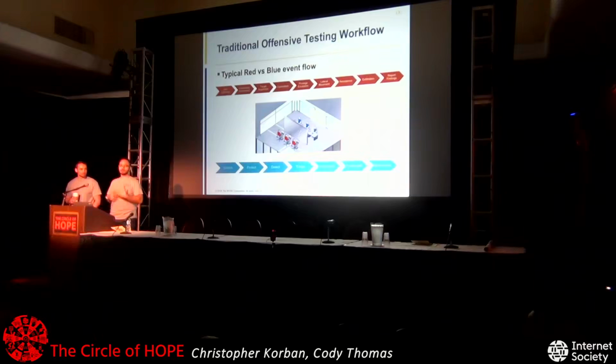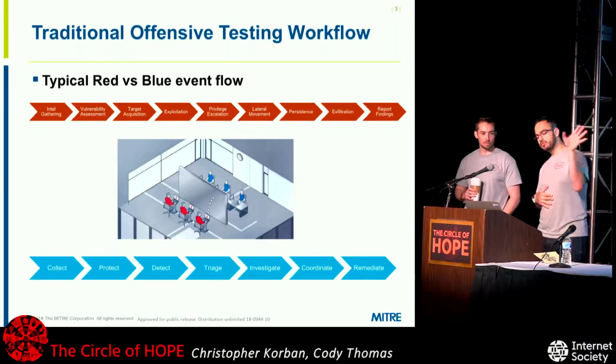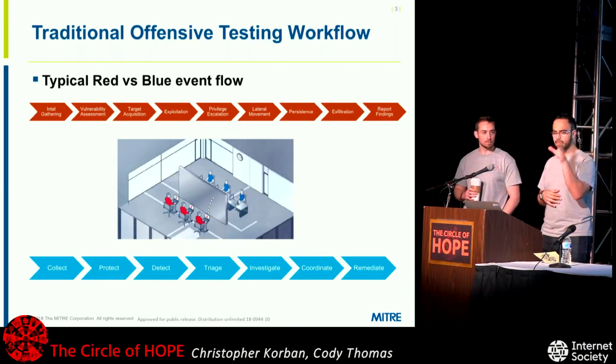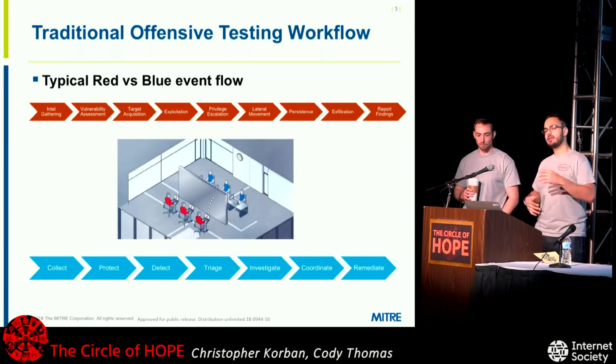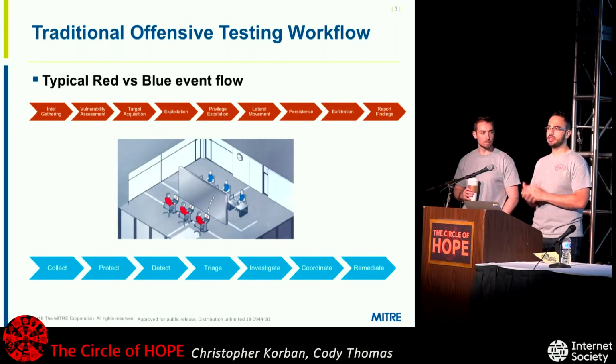So any sort of cyber game or maybe a pen test or a red team, blue team, we tend to see way more often than we would hope this sort of traditional workflow where you have red doing their own thing, blue doing their own thing, not a lot of interaction. A lot of times they're butting heads, there's some politics involved, and there's a lot of problems here that we really need to aim to solve in order to take these games to the next level, to have red and blue events become more valuable.